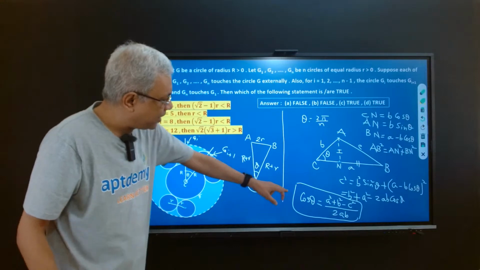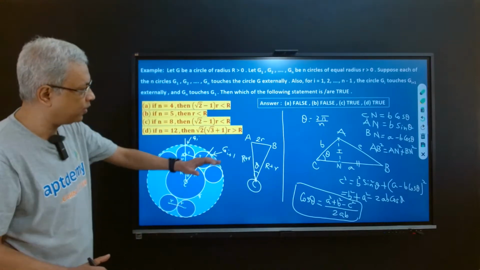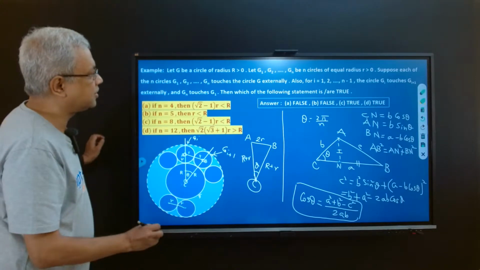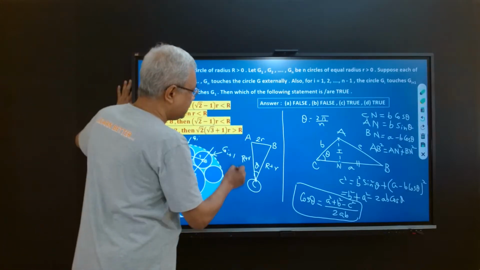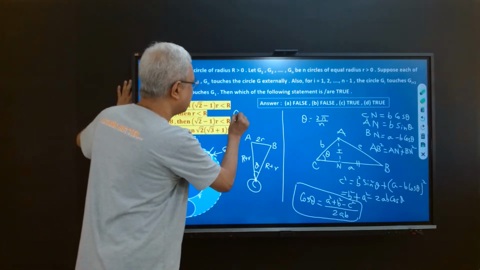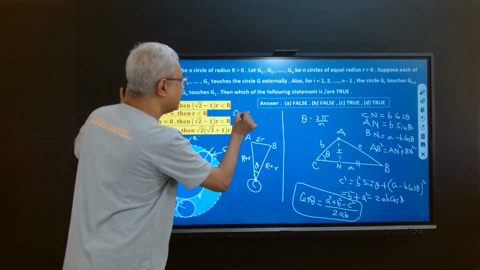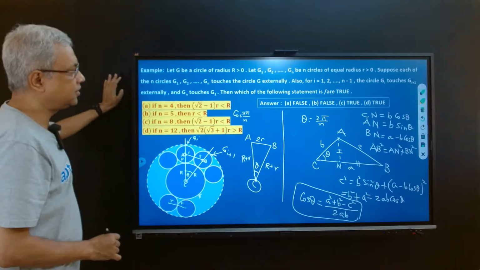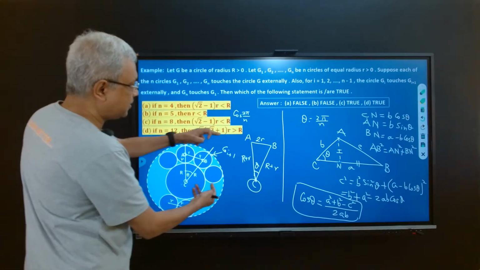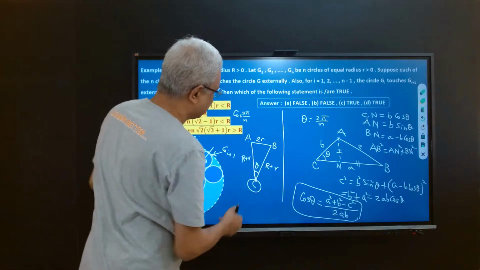Now, if I apply this formula in this problem, in the problem of ours, how does it look like? So instead of theta, I write cos of 2 pi by n. Is it okay? What is this? This is a, this is b, this is c.